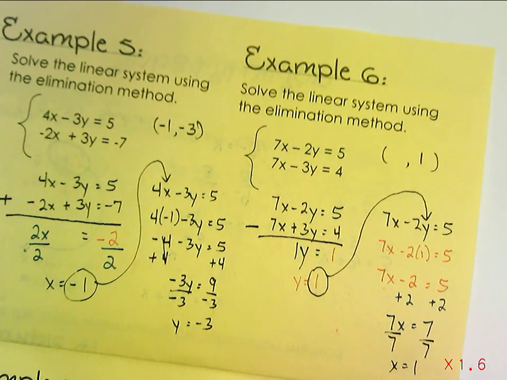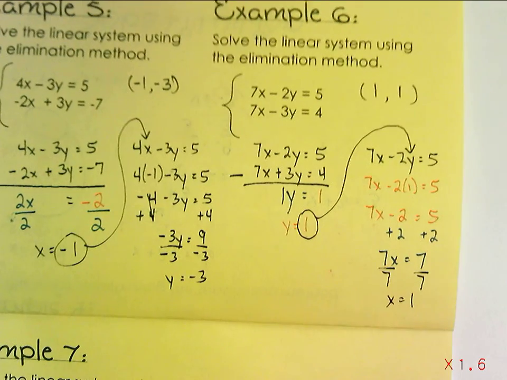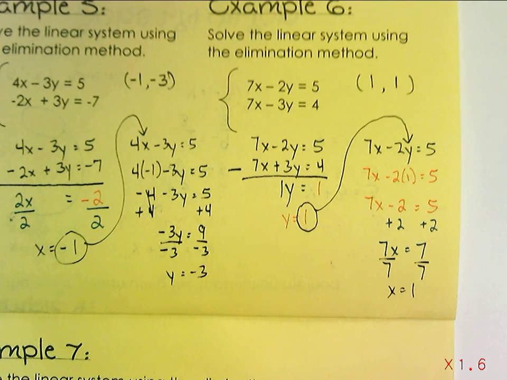So the solution to this problem, or the point where these two lines intersect, is at the point 1, 1, up in the first quadrant. So there's that problem. So elimination is a little bit more involved, and it can be trickier to see what two terms will cancel out with each other, or which ones you can eliminate.